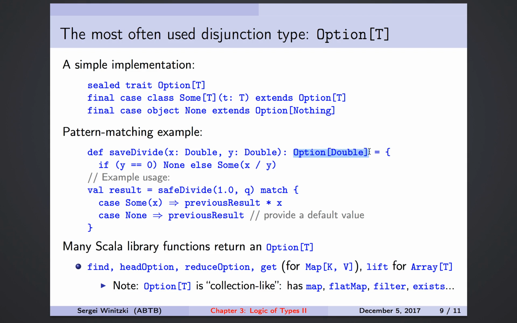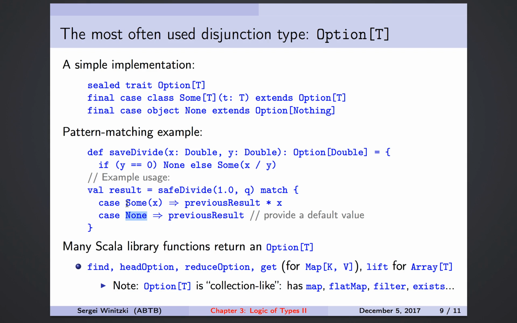Many Scala library functions return an Option type, such as find. So find looks in a collection and returns an Option. If it found, then it returns Some of the value, and if it did not find, it returns None. headOption gives the first element of a collection, but if it's an empty sequence, there is no head element, no first element, so it returns None.